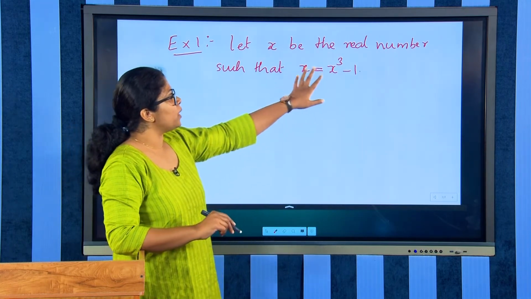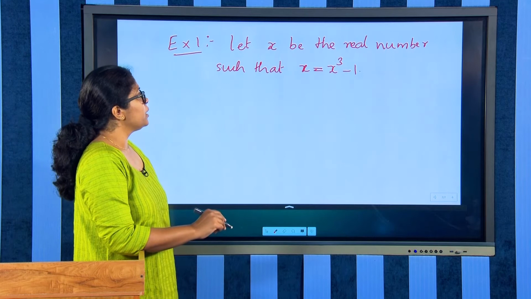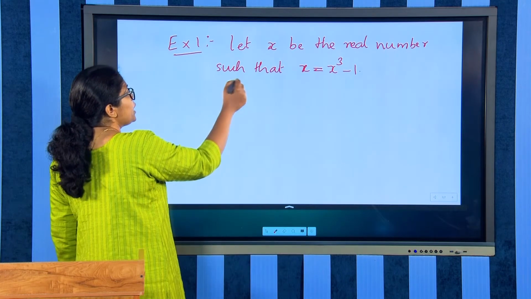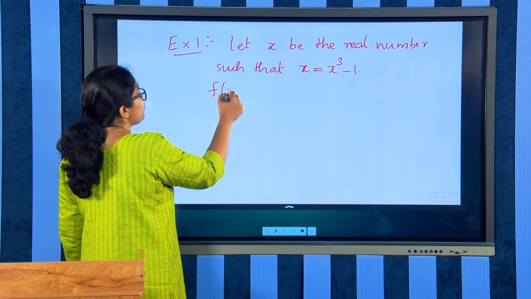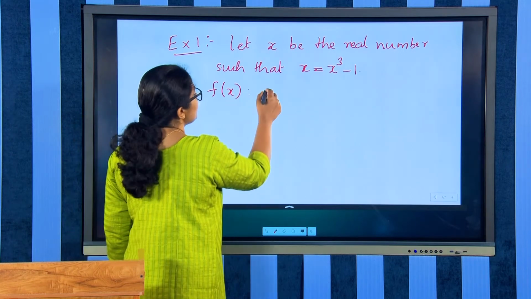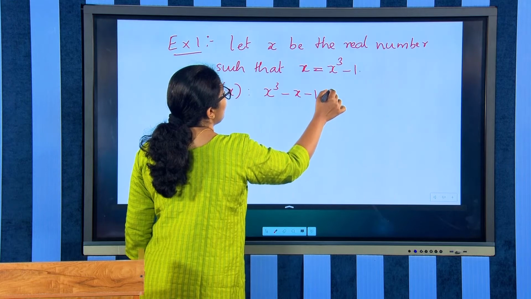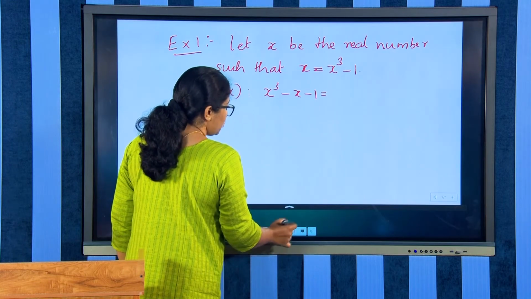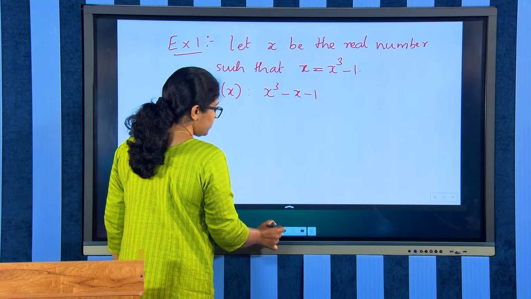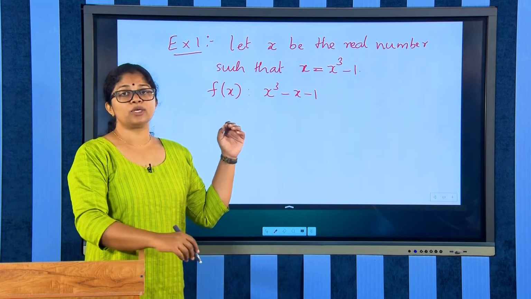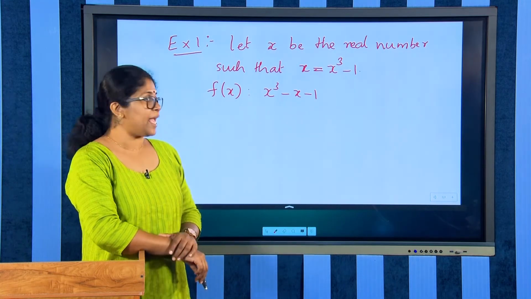So, x is equal to x cube minus 1. Rearranging this as a function, f of x is x cube minus x minus 1, and we can find whether this is equal to 0 for any real number x.